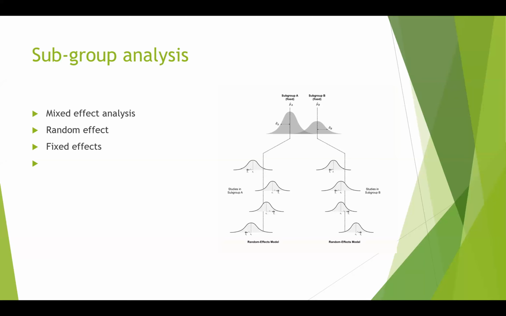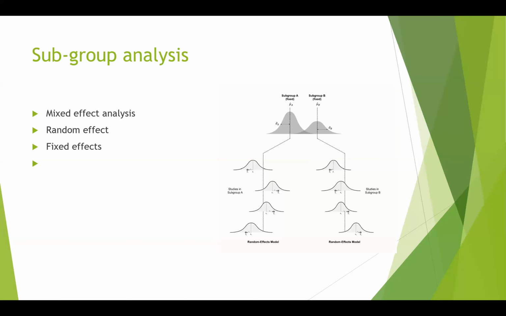So that is why it's very good for you to use mixed effect or random effect if you're dealing with some of these categories. But there are instances where, for example, I have a lot of females and I have a lot of males.